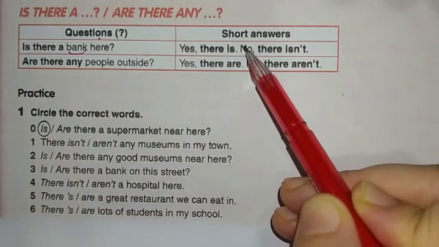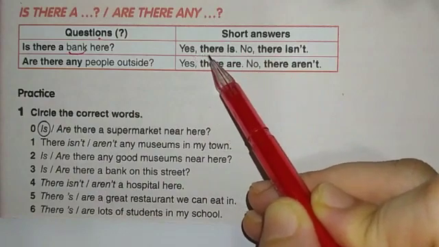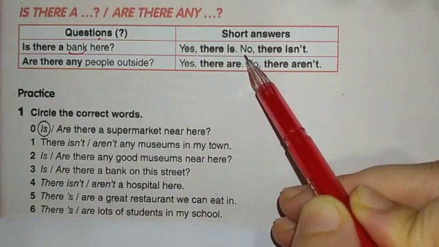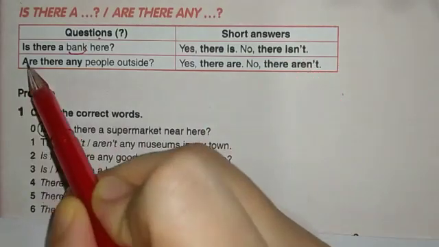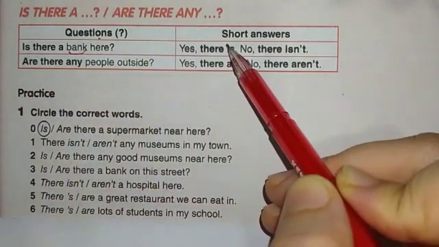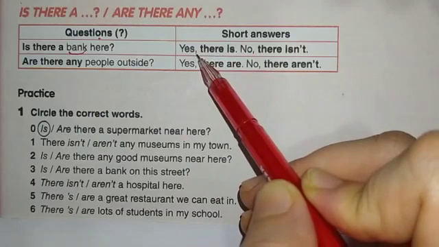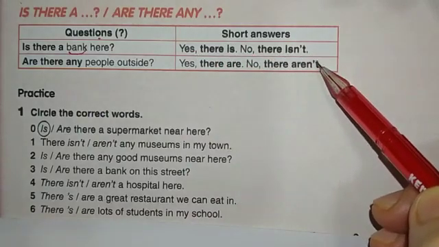Then the short answers will be yes, there is, no, there isn't. So if the question is "Is there a bank here?", the short answers will be yes, there is, no, there isn't.